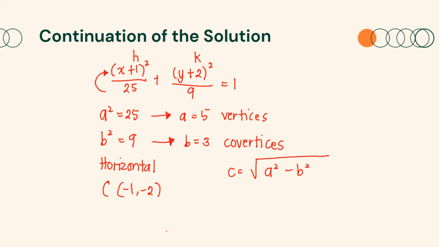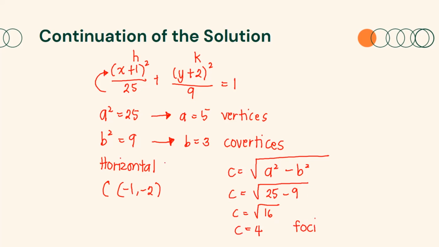Using the values of a² and b², which are 25 and 9 respectively, we will have c equals the square root of 25 minus 9, which is the square root of 16, which is 4. Therefore, the distance of the foci from the center is 4 units.